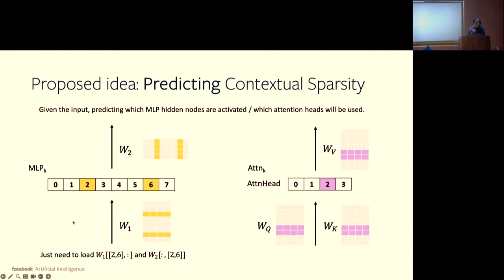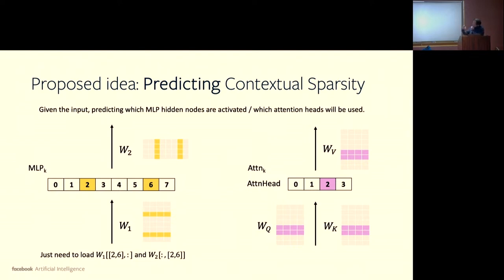The reason we want to predict that is because if we know in the MLP layers only the second and the sixth activations will be activated, then we only need to load the corresponding rows and columns of the two weights. This loading is much faster, because you have fewer weights to load.